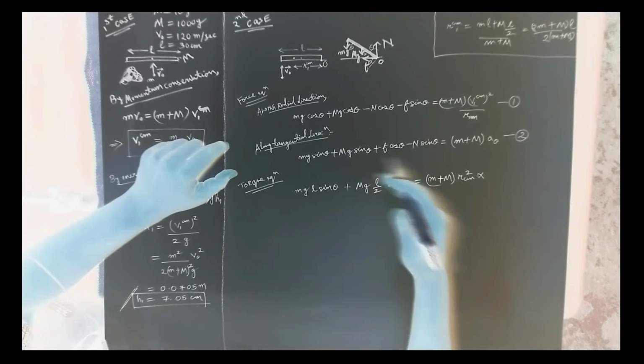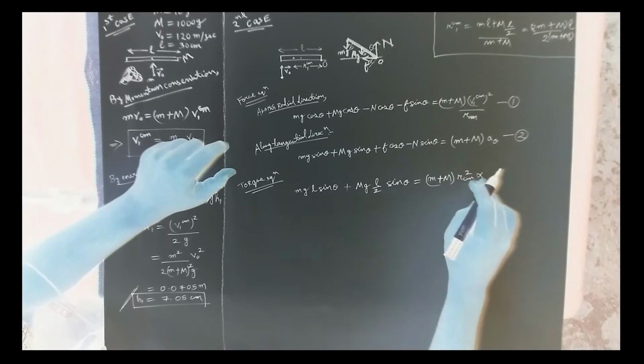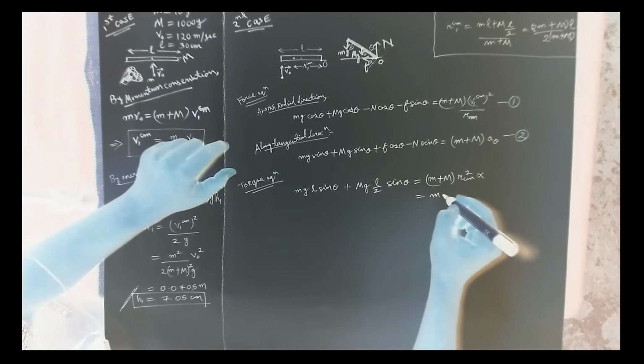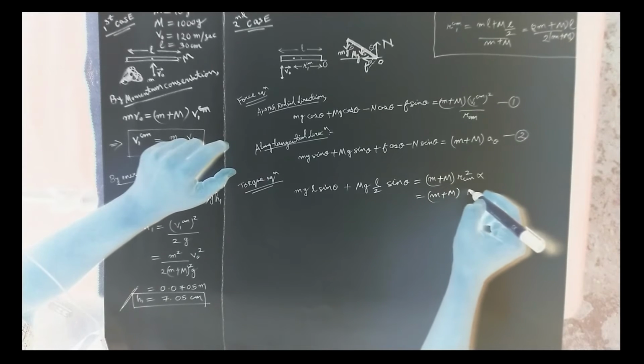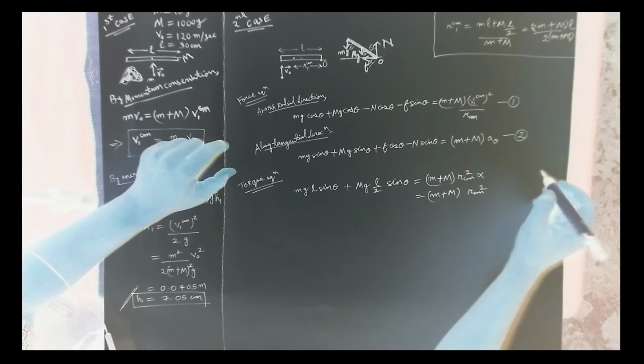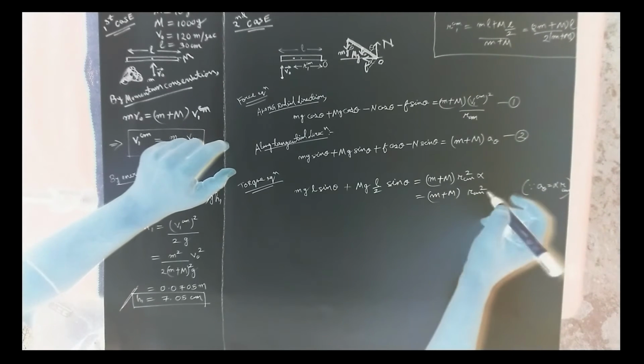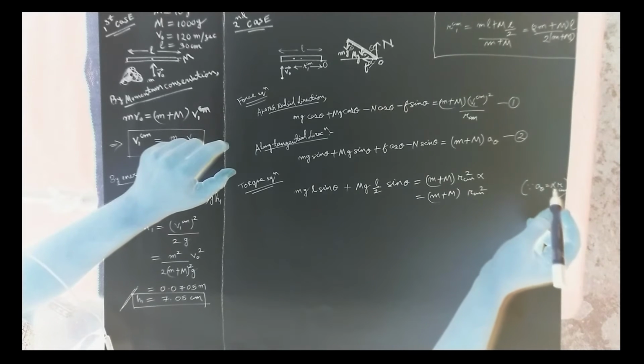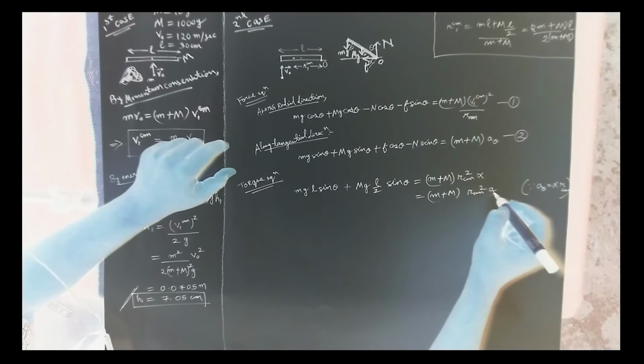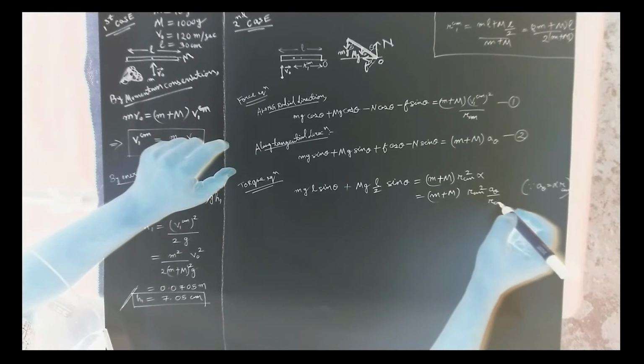And we know in pure rotation a theta is equal to alpha RCM, so alpha will be equal to a theta by RCM.